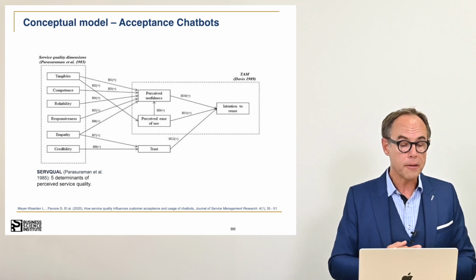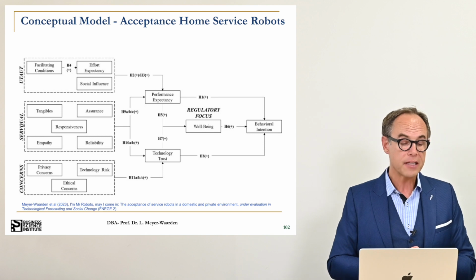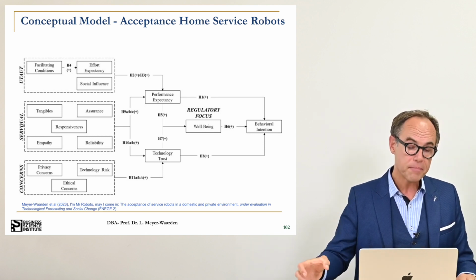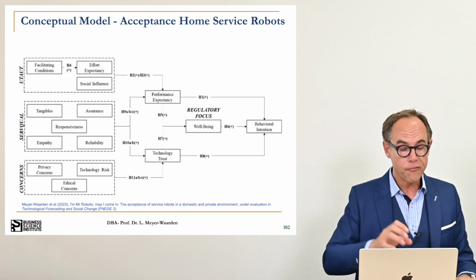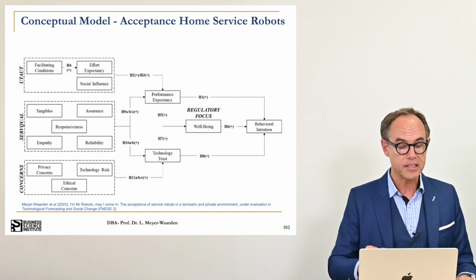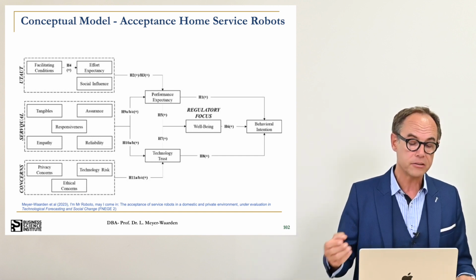The model for service robots, here again UT in the upper part, with effort expectancy, social influence, and facilitating conditions on performance expectancy. We have the SERVQUAL framework with tangibles, assurance, responsiveness, empathy, and reliability, impacting positively performance expectancy and trust.